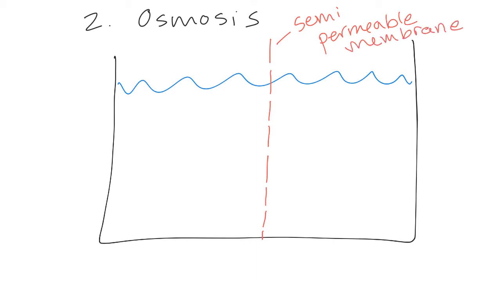Your phospholipid bilayer is another semi-permeable membrane. What is the semi-permeable membrane that we used in lab a couple weeks ago? Yeah, the dialysis tubing, okay? So, semi-permeable meaning it is permeable to some things but not other things. So, in this instance, it is going to be permeable to water, but not permeable to this green molecule that I'm going to put in here.